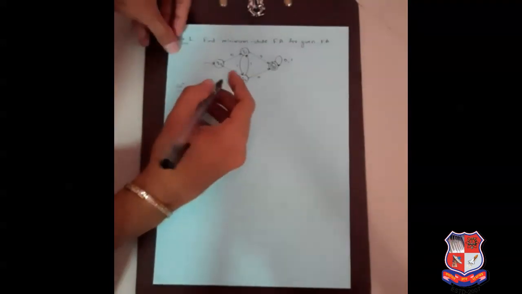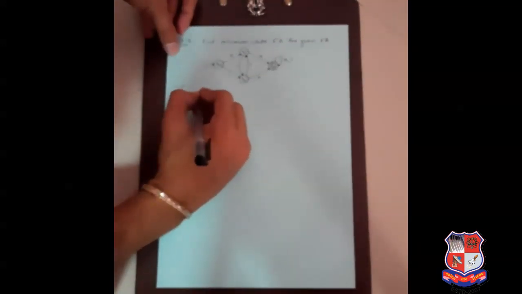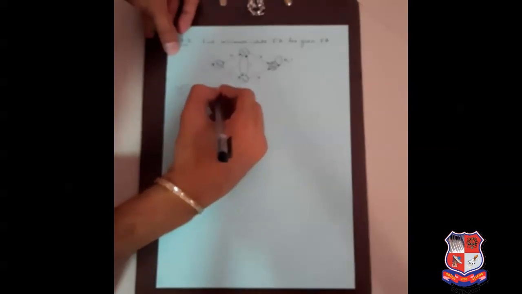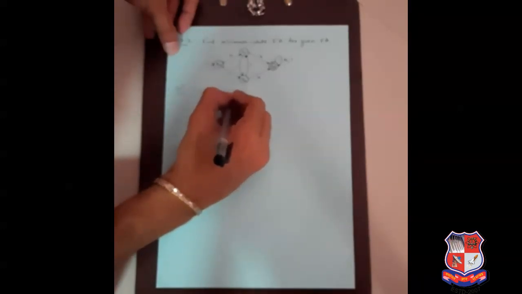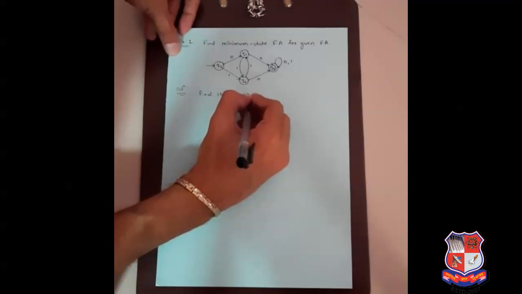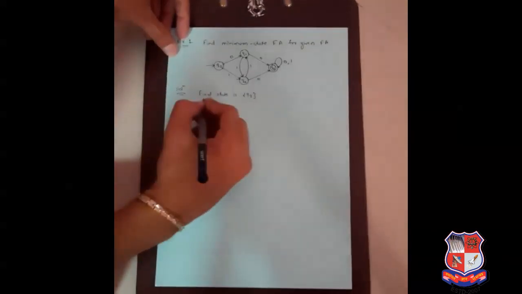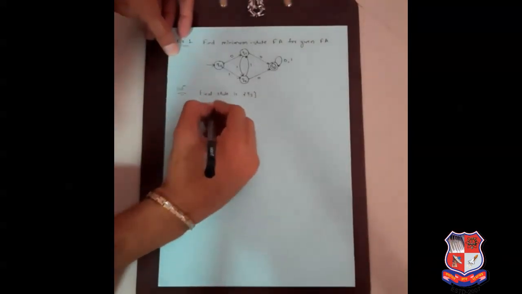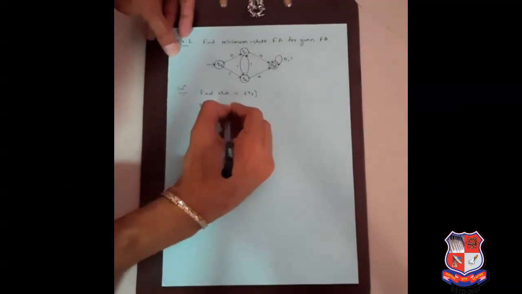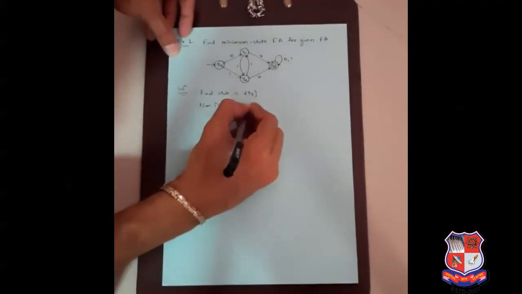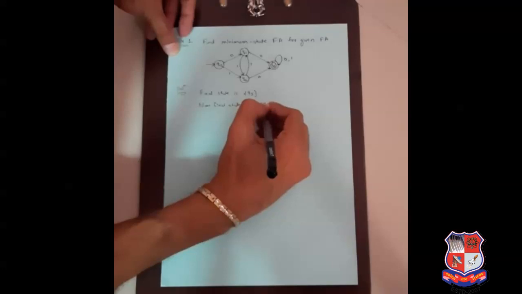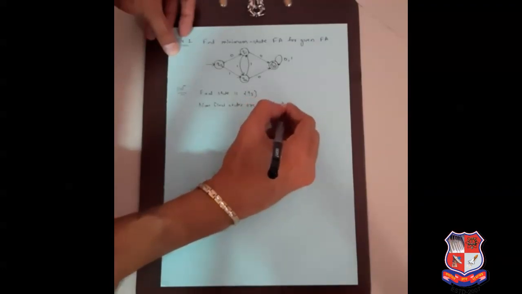First we are going to find the distinguished pairs in the first step. So here the final state is only Q3. Next, the remaining non-final states are Q0, Q1 and Q2.